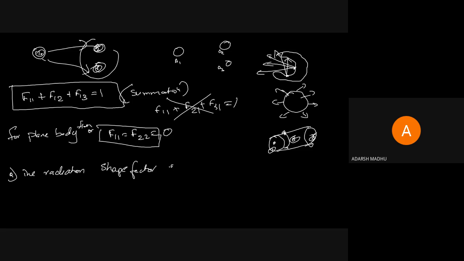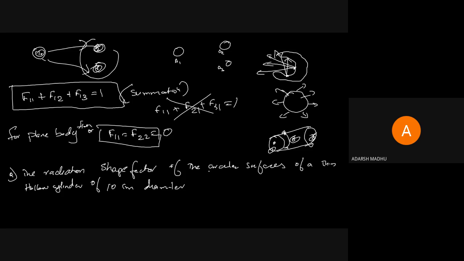The radiation shape factor of a circular surface of a thin hollow cylinder of 10 centimeter diameter and 10 centimeter length is 0.1716.